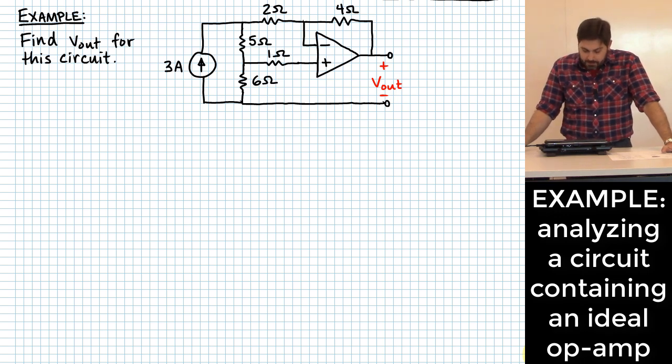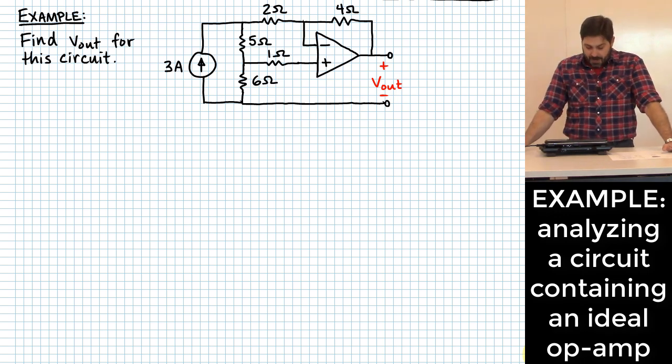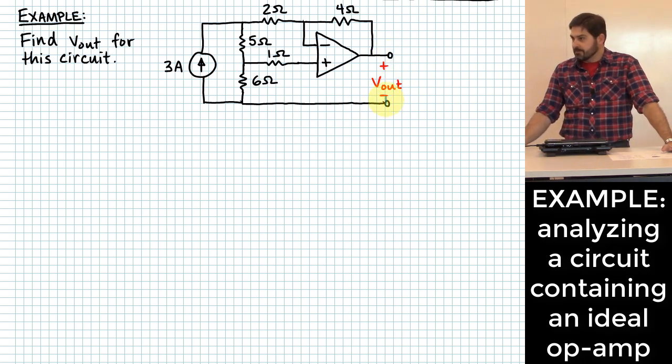It says very simply in the problem statement, find V out for this circuit, and it identifies V out down here as being the voltage across those two terminals. Okay? And we need to use our rules in order to come up with what the output voltage is for this circuit. All right? Where would you like to start?